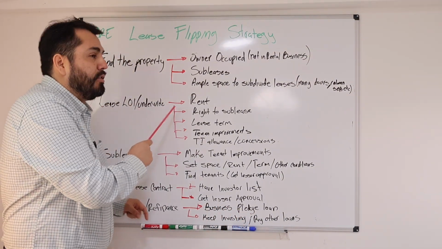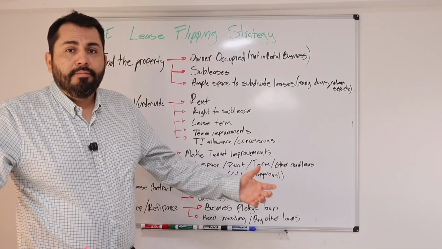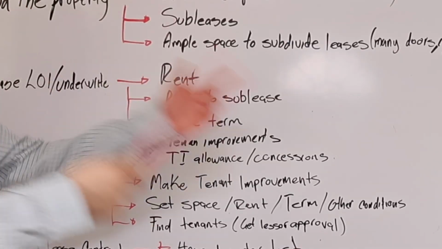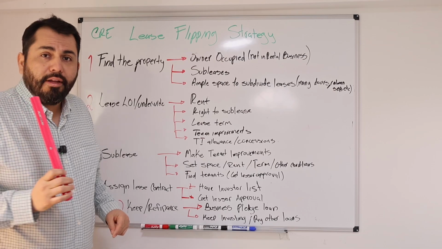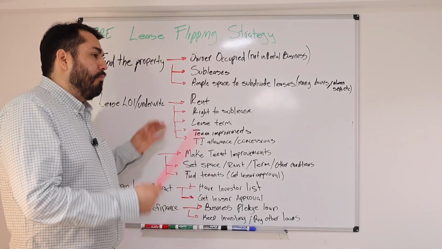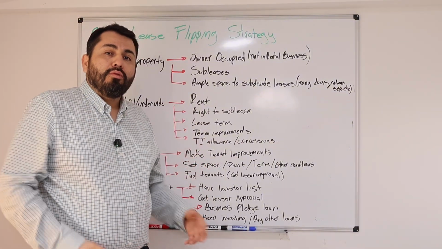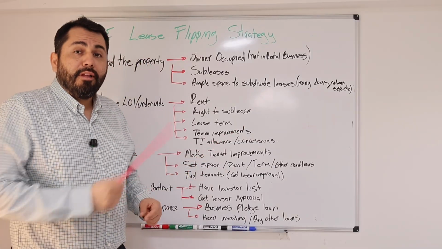So you start a letter of intent. It's not an enforceable contract. You are just saying, I will pay this rent. I will need a right to sublease. This is very important because otherwise you cannot flip. You need to make some kind of sublease to get more money, so you need the right to sublease from the lessor.